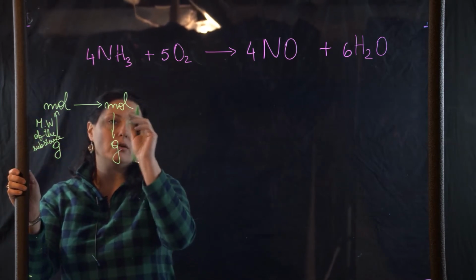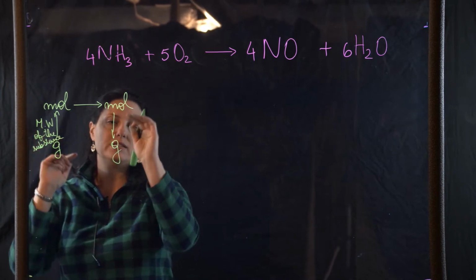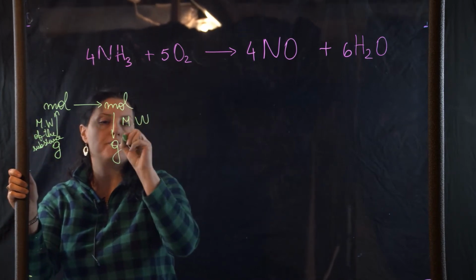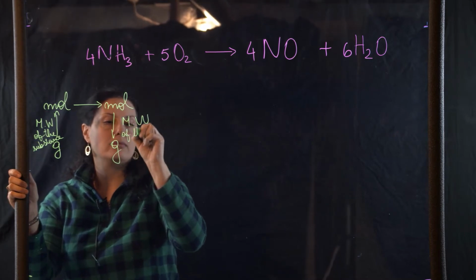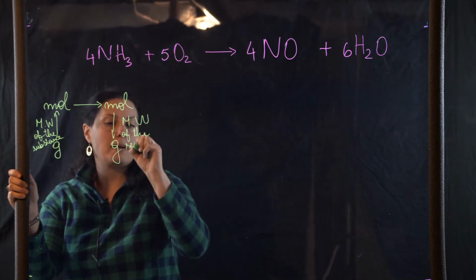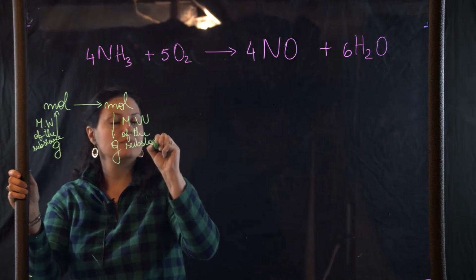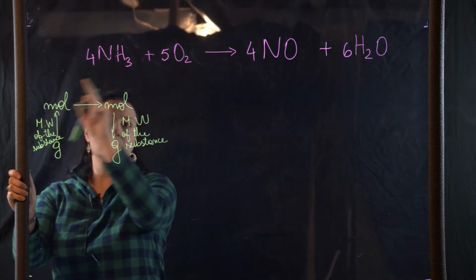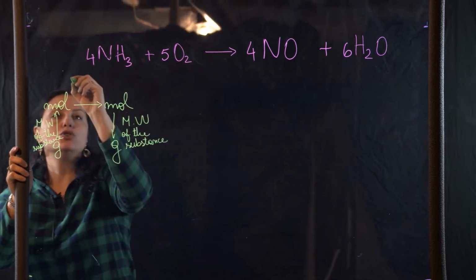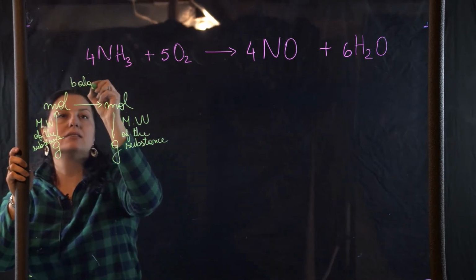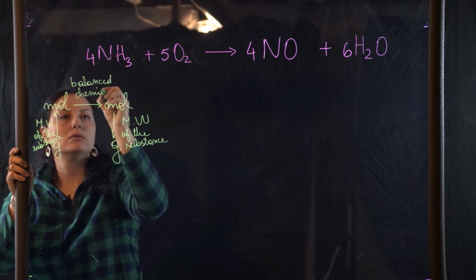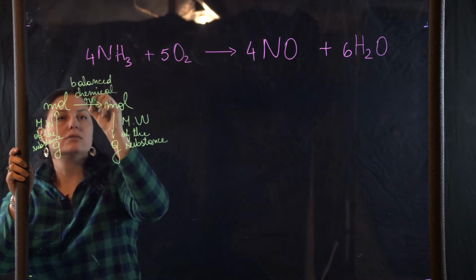Same with here. Now these are two different substances, but you have to use the molecular weight. To go from moles of one substance to moles of another, you use the balanced chemical reaction.